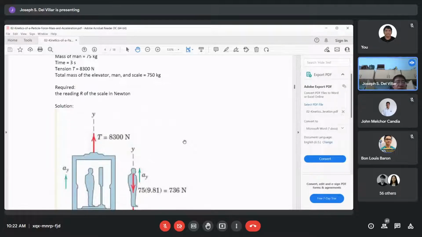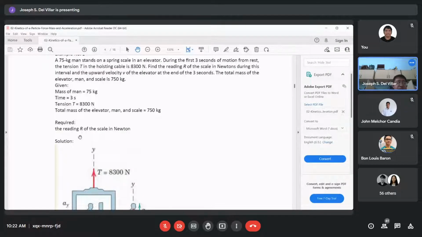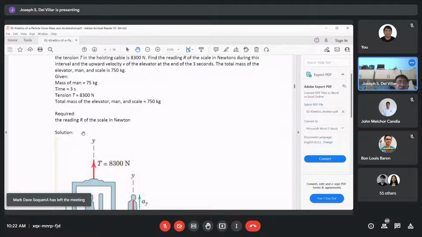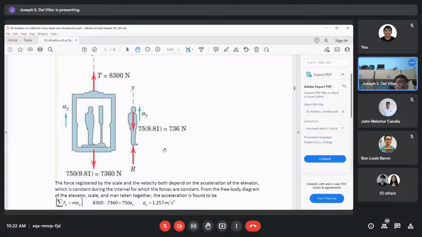So, pakilagay na lang dito sa required na short ng isa pang requirement, no? So, there should be two requirements. Reading R of the scale and the upward velocity of the elevator at the end of the interval. So, another requirement here, there should be two, no? The upward velocity of the elevator.